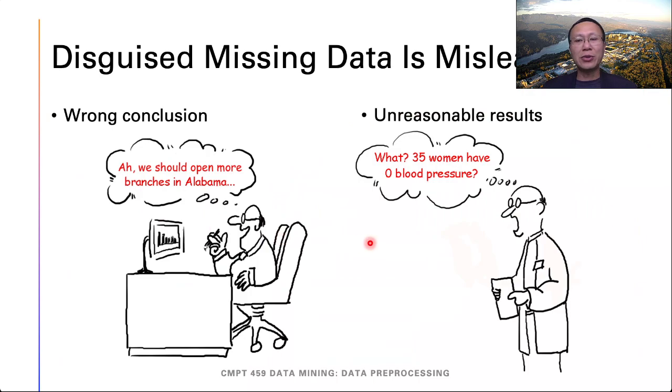Another example is that the data may give you a lot of wrong messages. For example, if you collect the data, people do not really input their blood pressure properly. Many of them may even just key in a value of 0. Then you have trouble. You say, well, why do so many customers have 0 blood pressure?